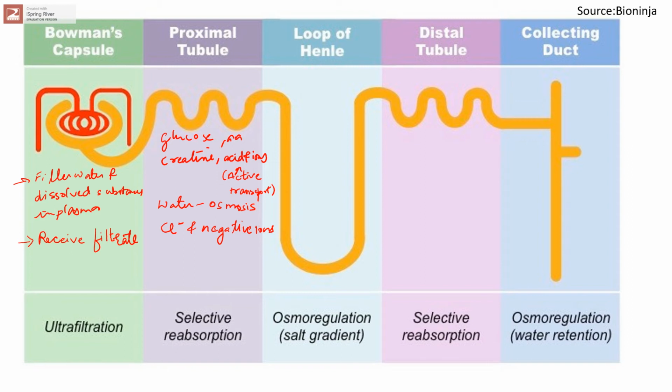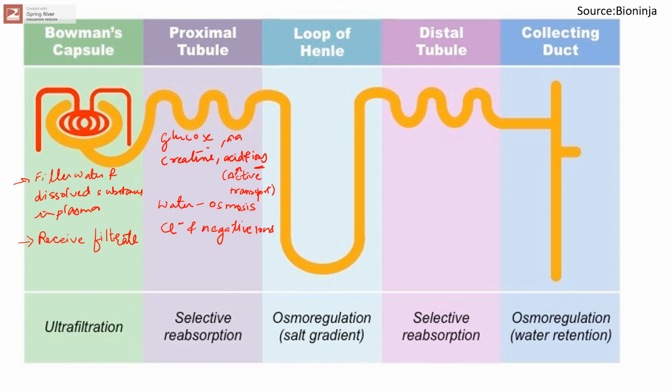Because when sodium ions are reabsorbed by active transport, there's a positive charge that goes into the bloodstream in the peritubular capillaries, and the negative charges like chloride just follow due to electrochemical attraction.